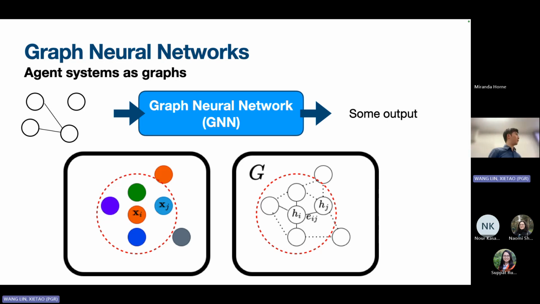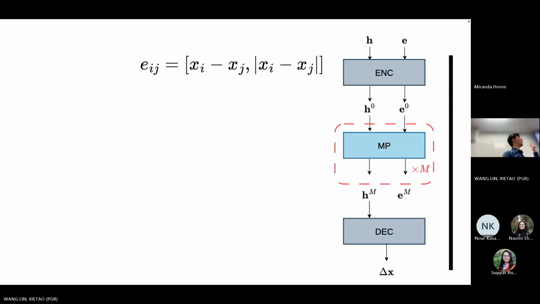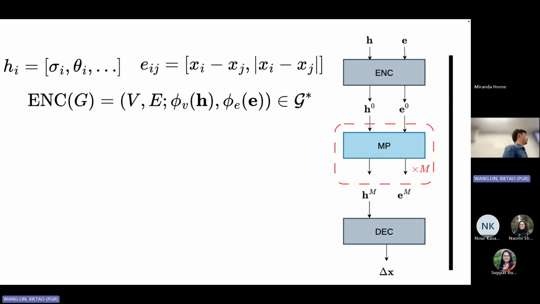So the architecture looks something like this. As we mentioned, we'll use the relative positions as the edges, and the nodes will contain information about the particle. The first step is to pass this to an encoder to lift them to a higher dimensional space, but that's standard in most machine learning applications.